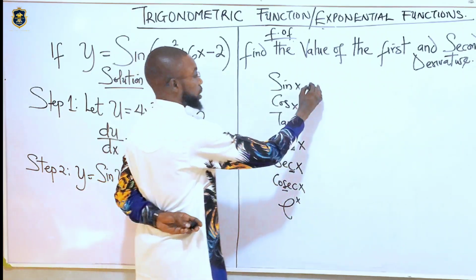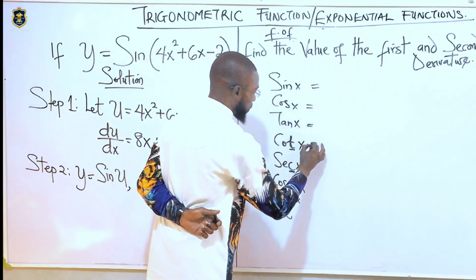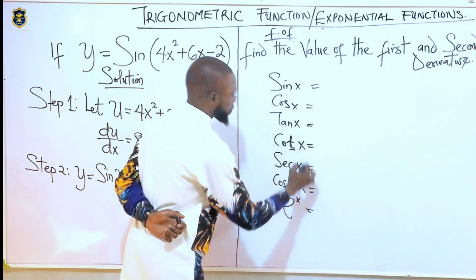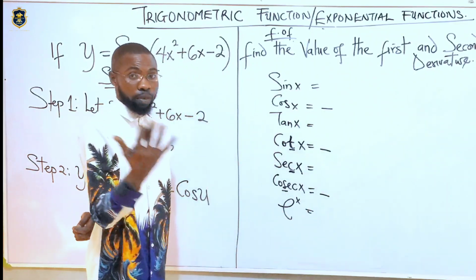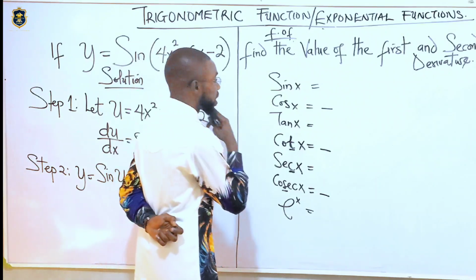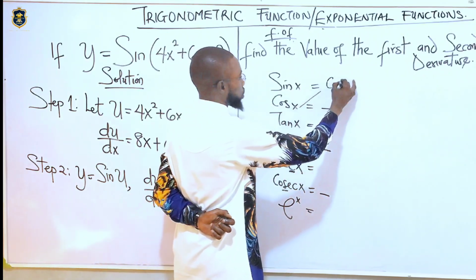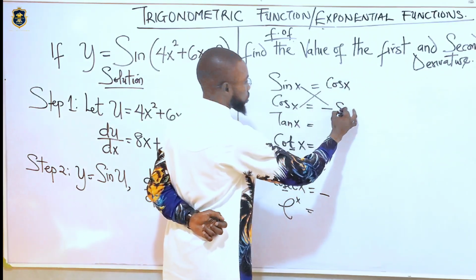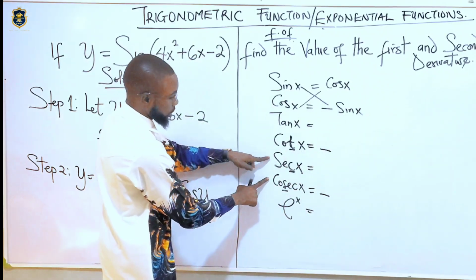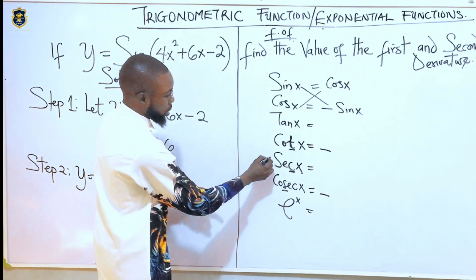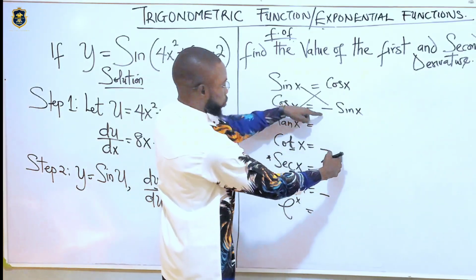Arrange them in order, and then what will become the derivative? If these are the functions, the derivative becomes what? First of all, put minus, and minus. I taught you all of this in the previous video. Then you carry cos here and sine here. The fifth and sixth, you bring them here, but you square them.